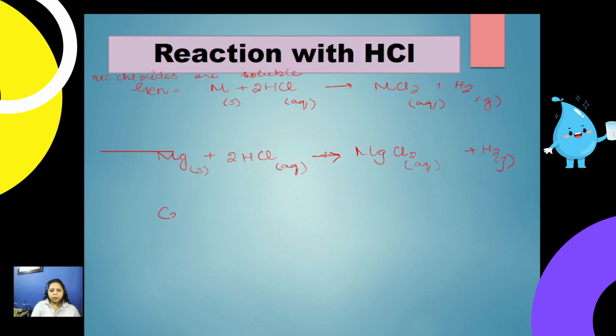Now let's react with calcium. The same reaction will occur. It gives CaCl2, again a calcium salt, which is soluble. Let's discuss the barium one. You can write strontium here as well. You can write radium as well.